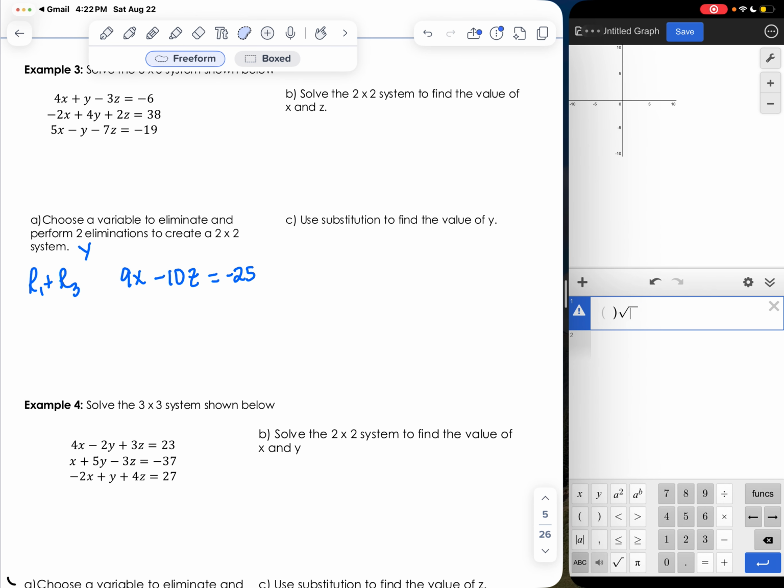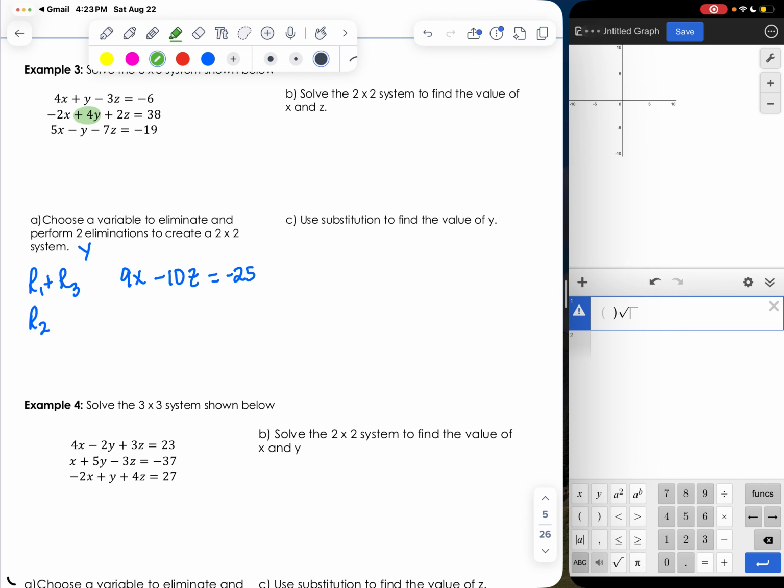But this time, because I used row 1 and row 3, I'm forced to do something with row 2. Let me write down that we have to use row 2. Remember, I'm wanting to eliminate the y's. Let's see what I can combine.